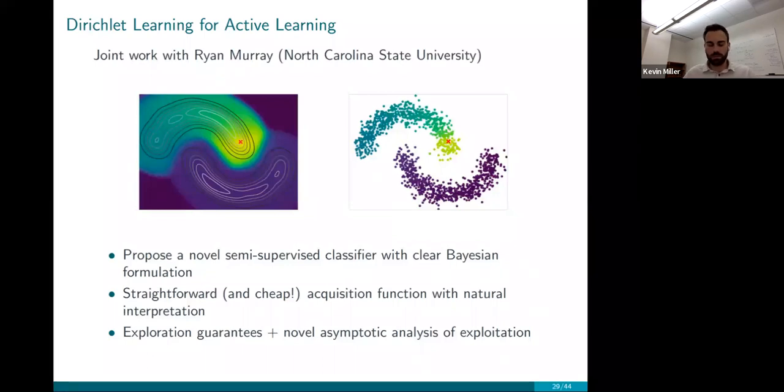And we've done analysis to provide exploration guarantees under a different clustering assumption, but then also trying to take a step towards giving an analysis of exploitation. And we've provided some steps, but there's still a lot of work to be done on the theoretical foundations of analyzing exploitation in these graph-based active learning methods.